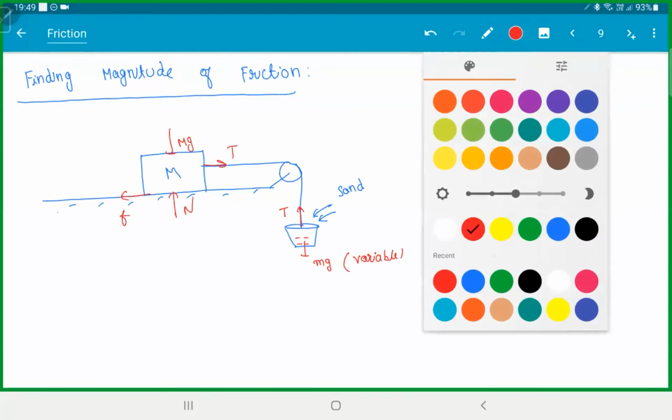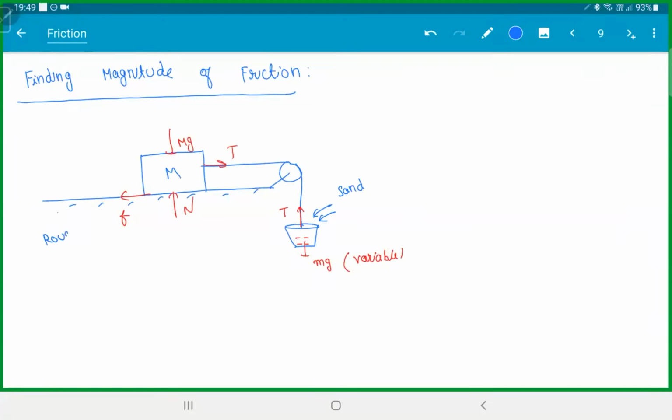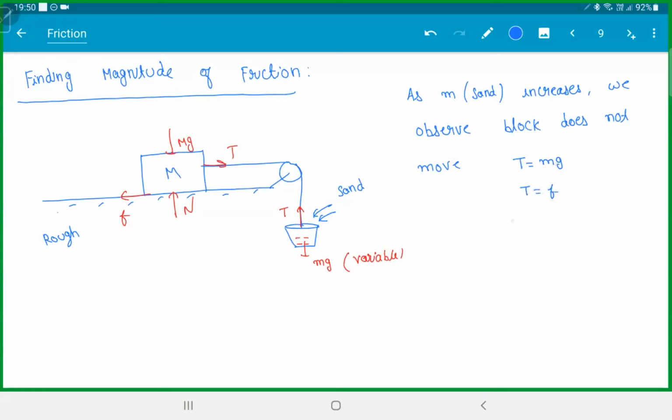Now, like I said, we have to take observations from the experiment. As m increases, that is, as sand increases, we observe the block does not move. This is an observation. So tension is equal to mg, and tension is also equal to F. So F is equal to mg.